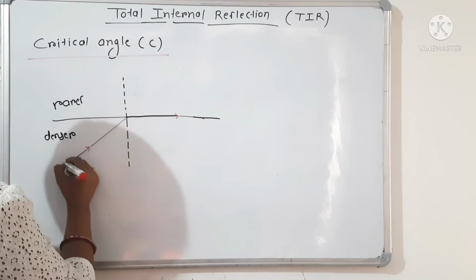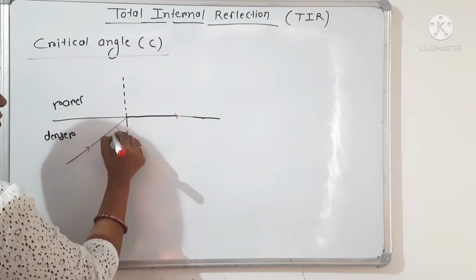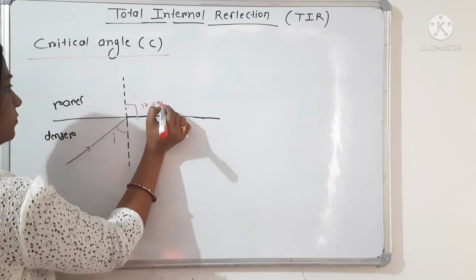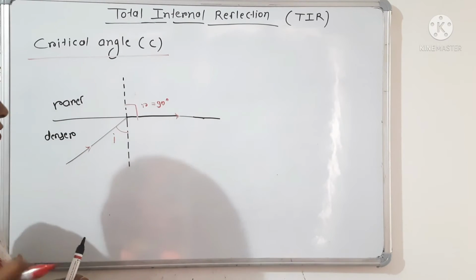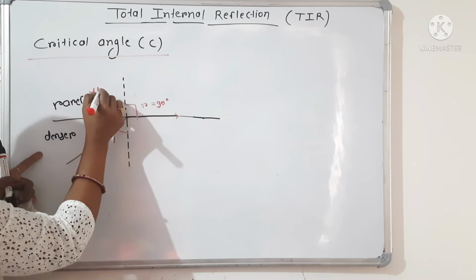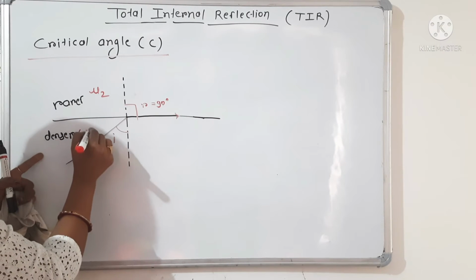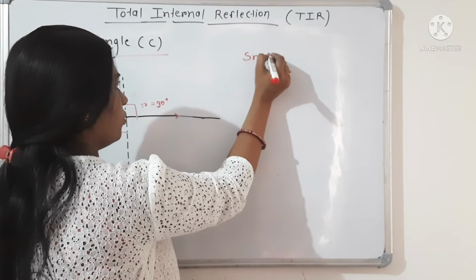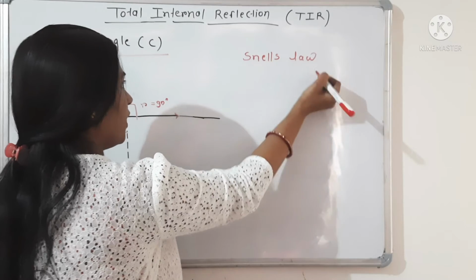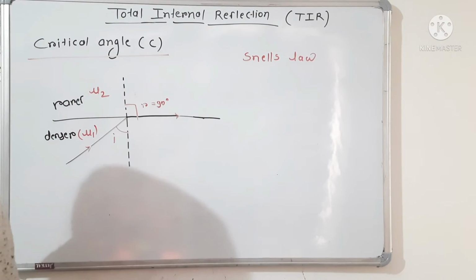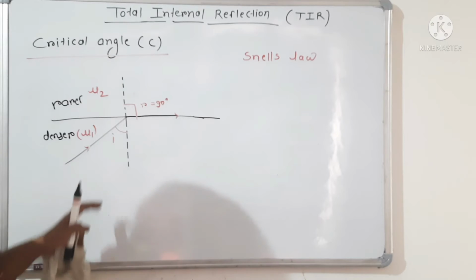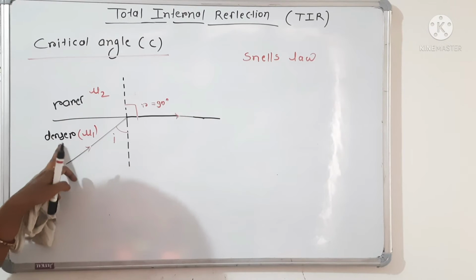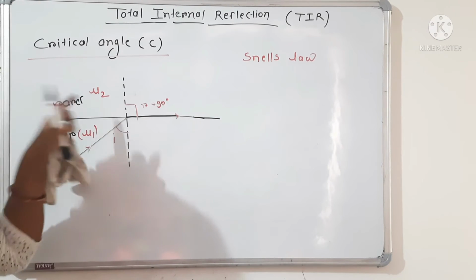This is our incident ray. So this is our mu2, this is our mu1. Okay, apply Snell's law. हम कैलकुलेट करेंगे क्रिटिकल एंगल की वैल्यू. For the critical angle, the angle of refraction becomes 90 degrees. Two media, denser and rare: the denser medium becomes mu1 and the rare medium mu2.